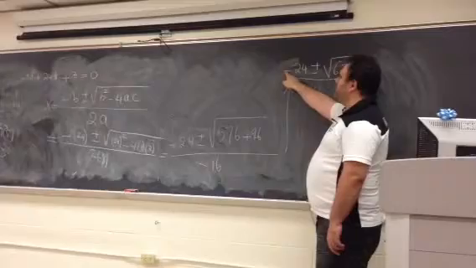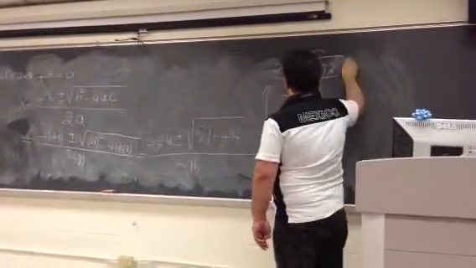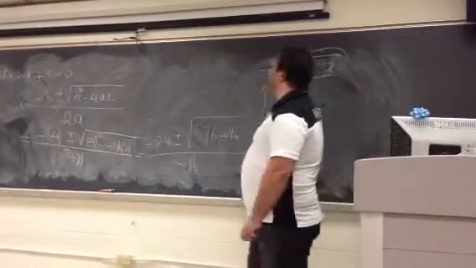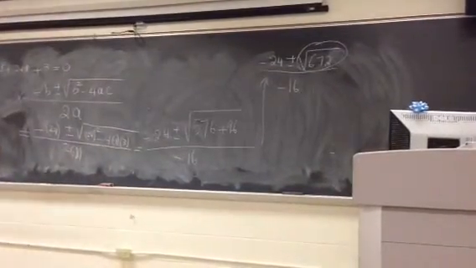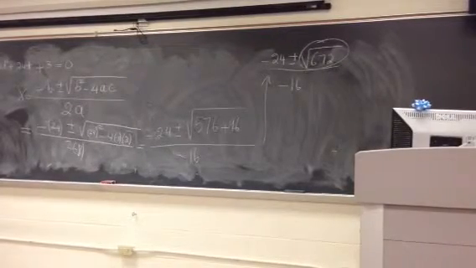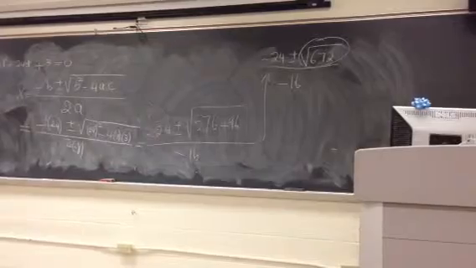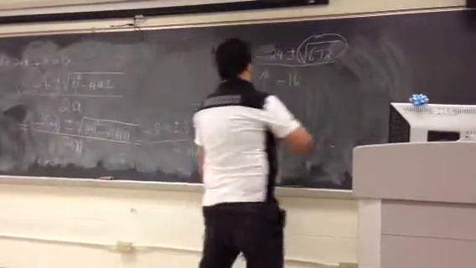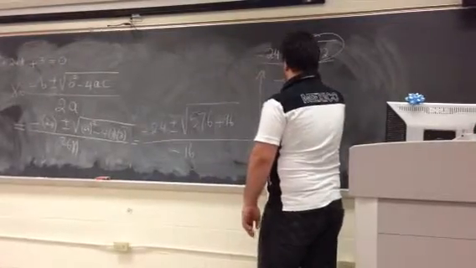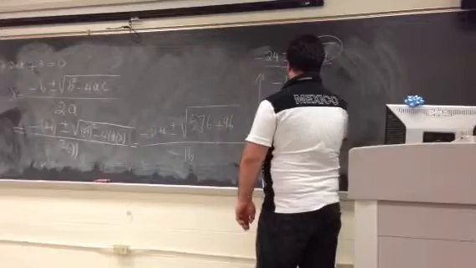Let's pay attention. This is negative 24. Somebody give me an approximation of the square root of 672. An approximation would be what? 25 point something. Let's say 26. So negative 24 plus minus 26, divided by what?